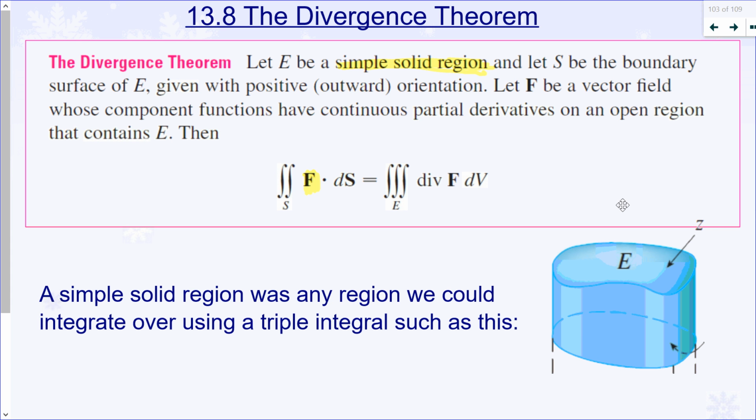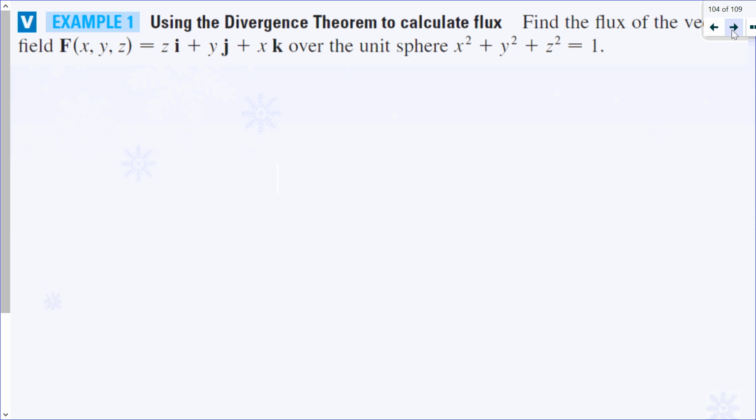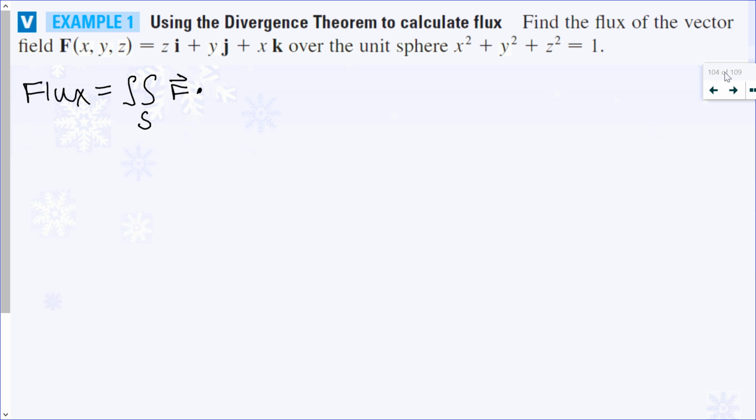But again, it has to be over a vector field, and it has to be in a space enclosed by that surface. So let's try this one. It says find the flux of the vector field over the unit sphere. Remember that to calculate flux is the surface integral over the surface S of the vector field dot dS.